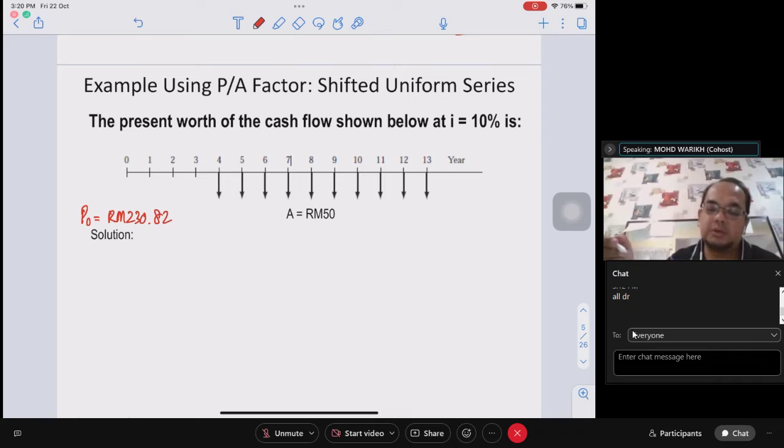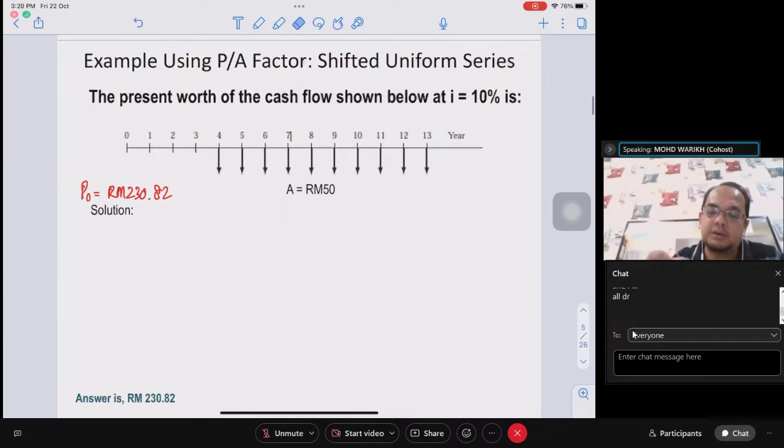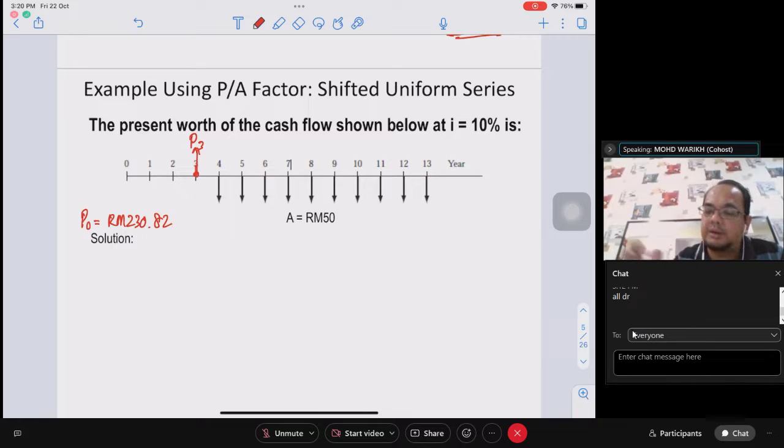Yeah. So that means, as I said before, you have to pin one point ahead, right? So in this question, it starts at year 3, correct? Year 3, that means it's P3. Okay, and then for the A, how many years? You have to calculate back 1, 2, 3, 4, 5, 6, 7, 8.